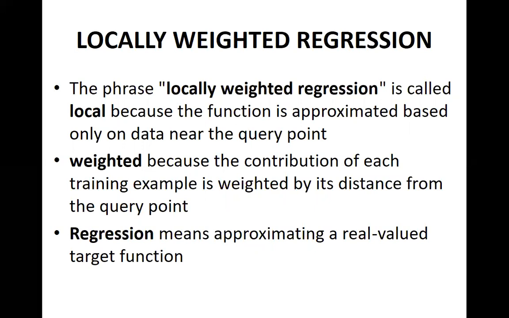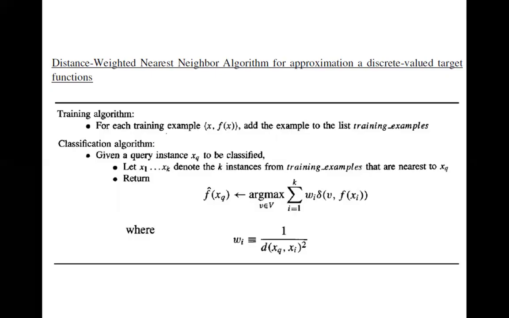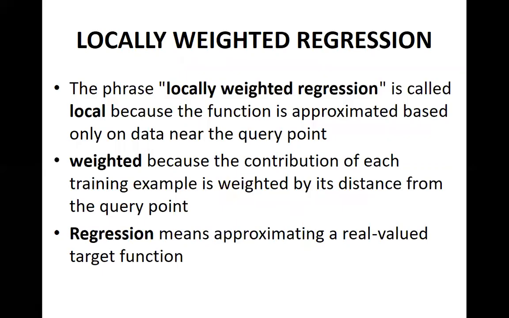Is it clear? Weighted KNN we usually use only for discrete value target functions, wherein we have just a few classifications. If you have a continuous value target function, then we use one more approach, which we call locally weighted regression.